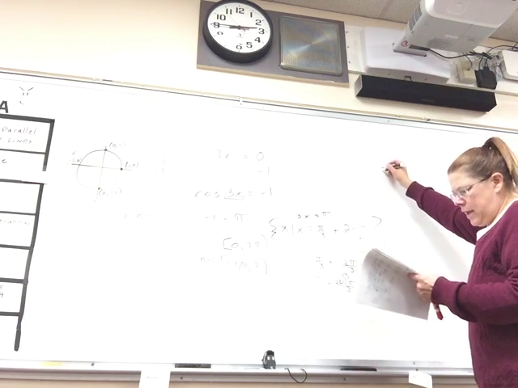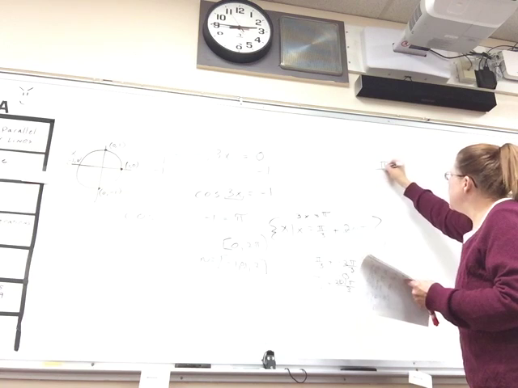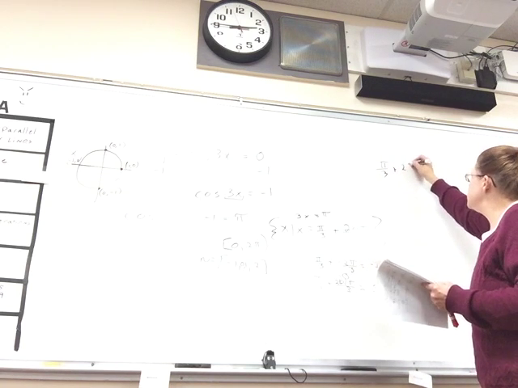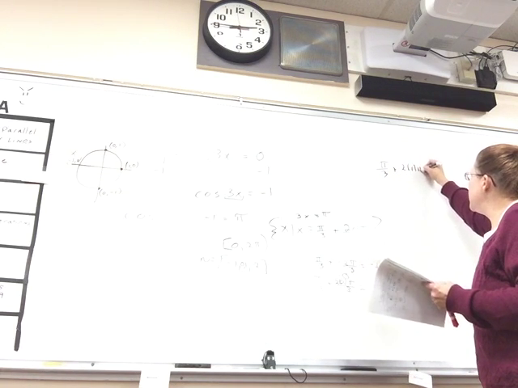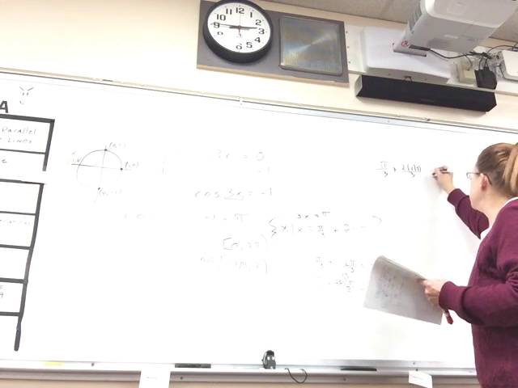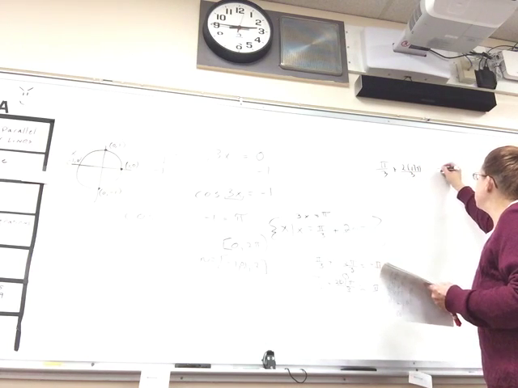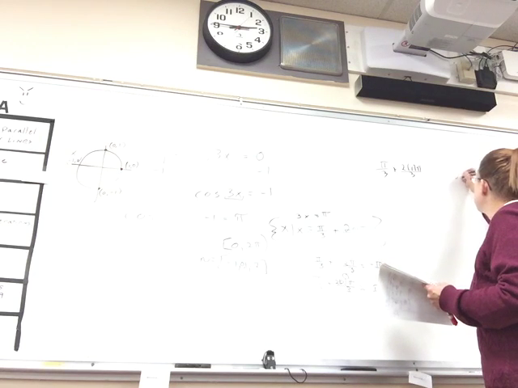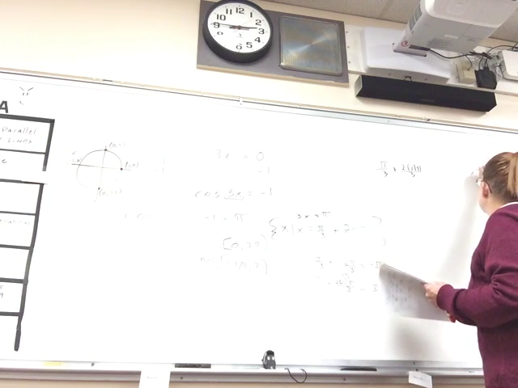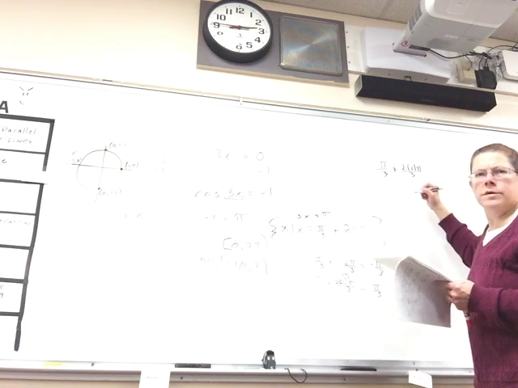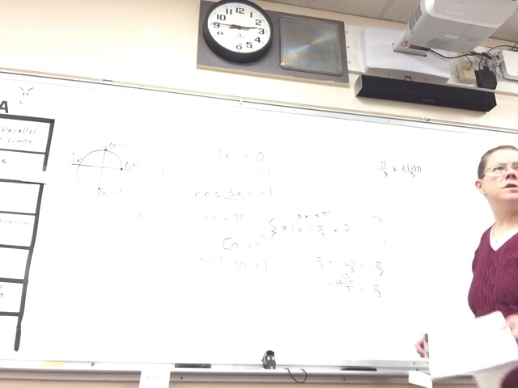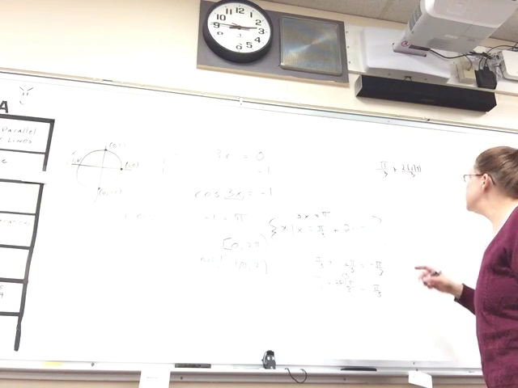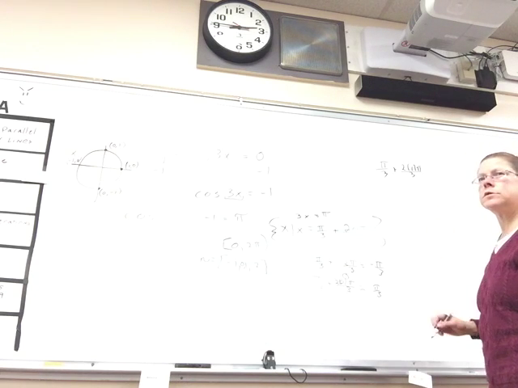When I try pi over 3 plus 2 times 1 pi over 3, this gives me pi over 3 plus 2 pi over 3, which gives me 3 pi over 3, which equals pi. And pi is in that interval, so this works.